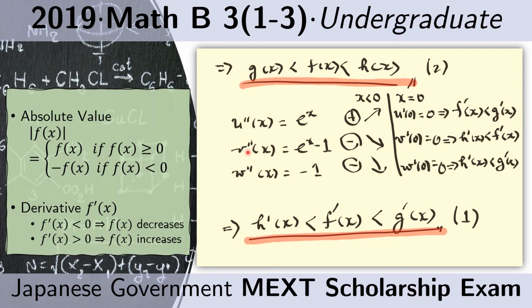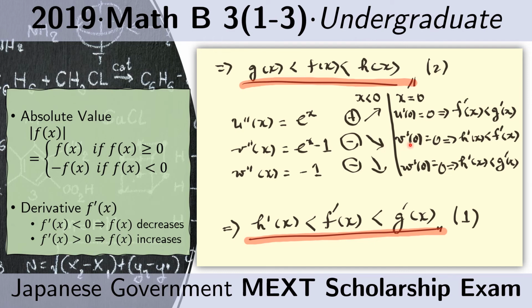Then we do the same for v prime prime. Again, we already know this expression here. This is just u prime from the previous slide. And we already said that u prime is negative. And so if it's negative, then again, it's also decreasing, and it could only have been positive before it reached 0.